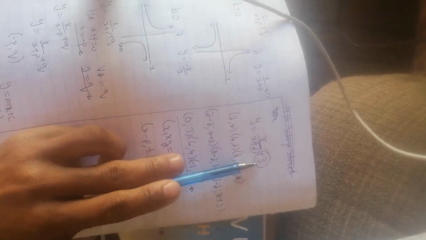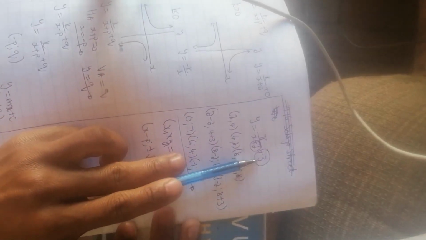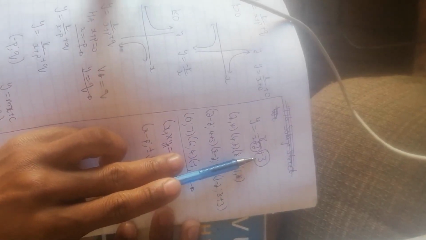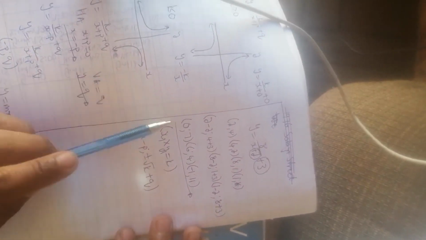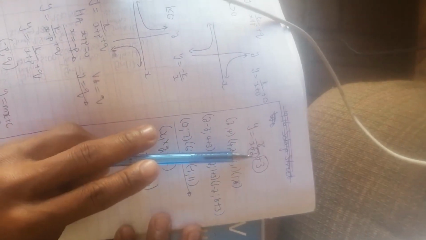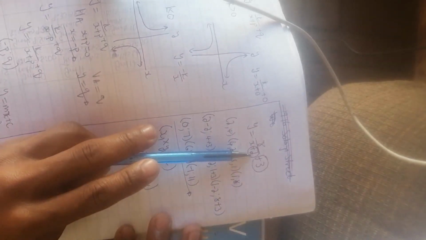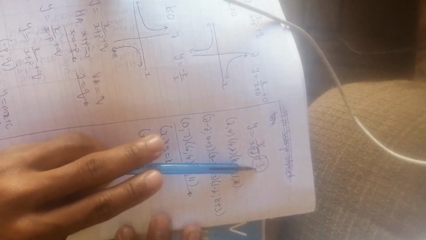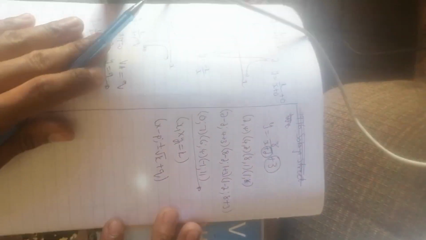From every x value provided, we will subtract that 2, and from every y value provided, we will add 3. This is how transformation works, and these will be the translated points we get. That's exactly what I have been trying to do here, translating the points 2 units to the left and 3 units upwards.